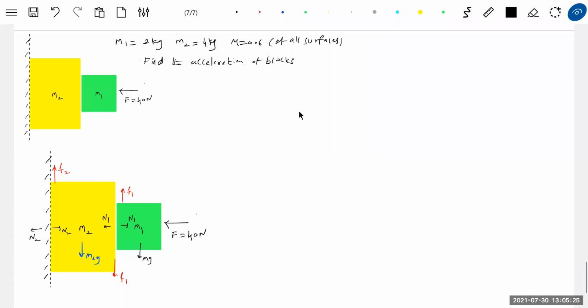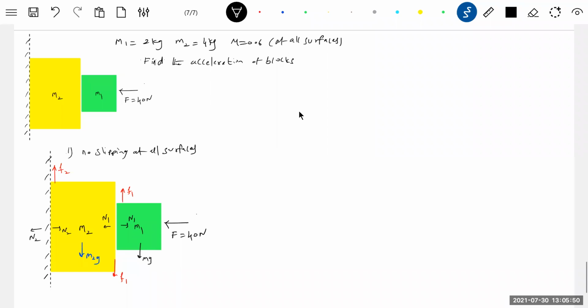Now I'll start with an assumption: shall we assume both are at rest? Means no slipping here, no slipping here. So what is the first assumption? I'm not sure myself whether I'm right or wrong. The first assumption: no slipping at all surfaces.